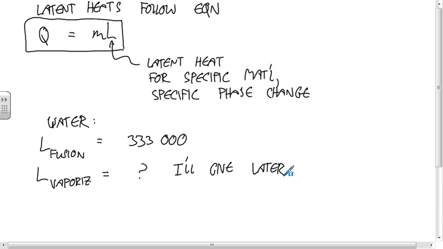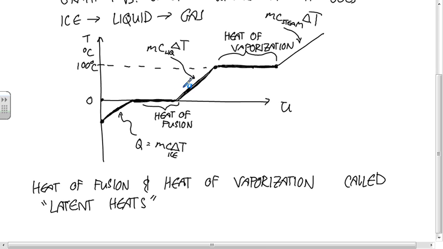Okay. So let's go back and look at this graph again and try to make sense out of this, because I think understanding this graph is kind of a key to being able to do these problems well.